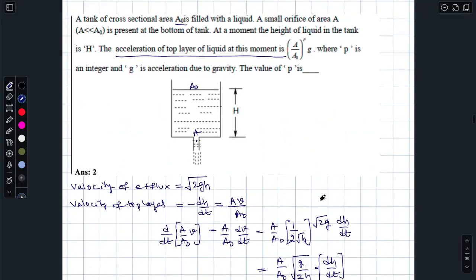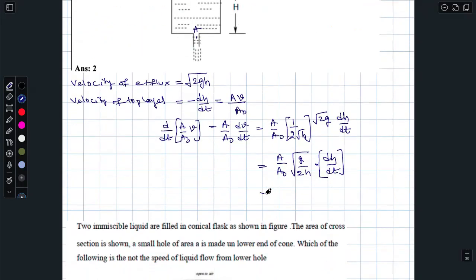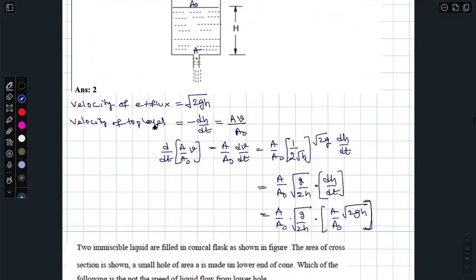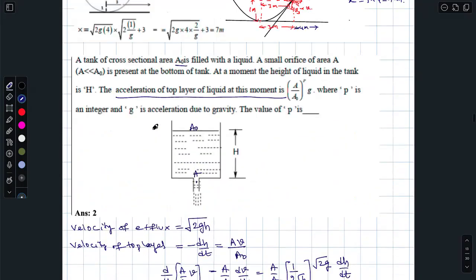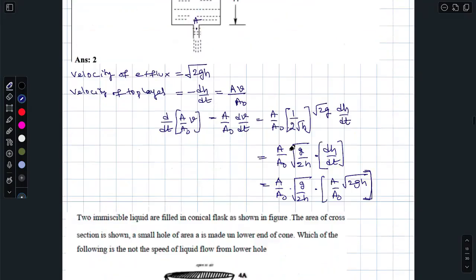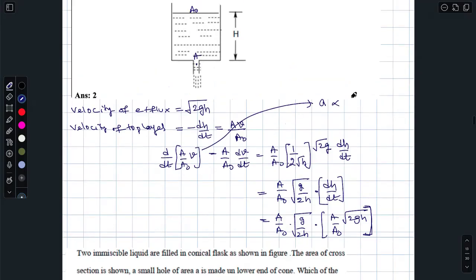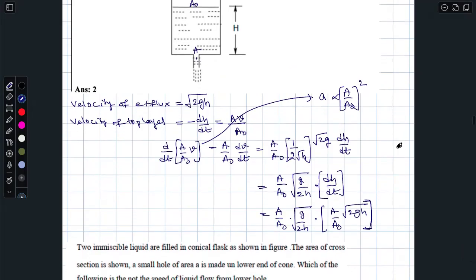But dh by dt is again proportional to, so therefore finally I can say acceleration is proportional to a by a naught square.